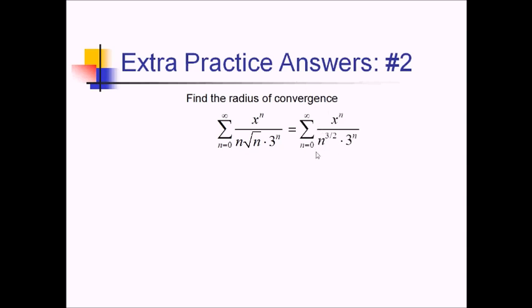So I'm going to have the limit as n approaches infinity of a big fraction, and at the top of the fraction I'm going to have the n plus 1th version of this divided by the nth version of this. So the n plus 1th term, that's going to be x to the n plus 1, n plus 1 to the 3/2, 3 to the n plus 1, all in their own fraction up here.